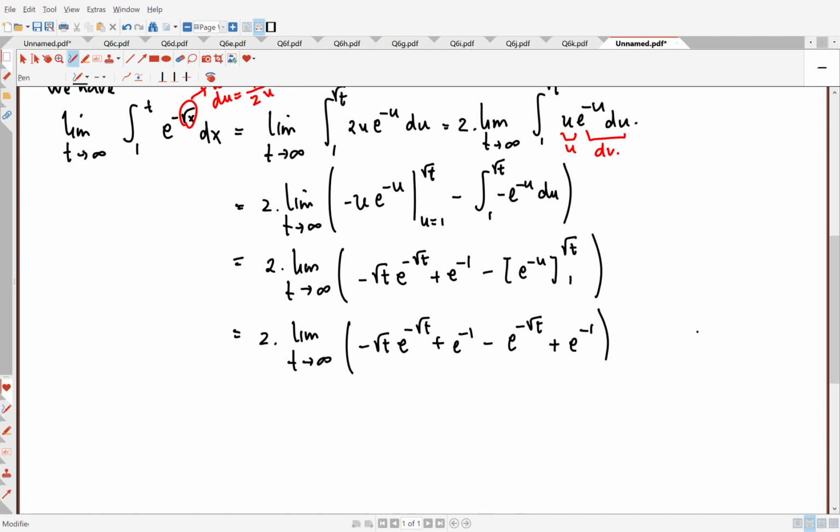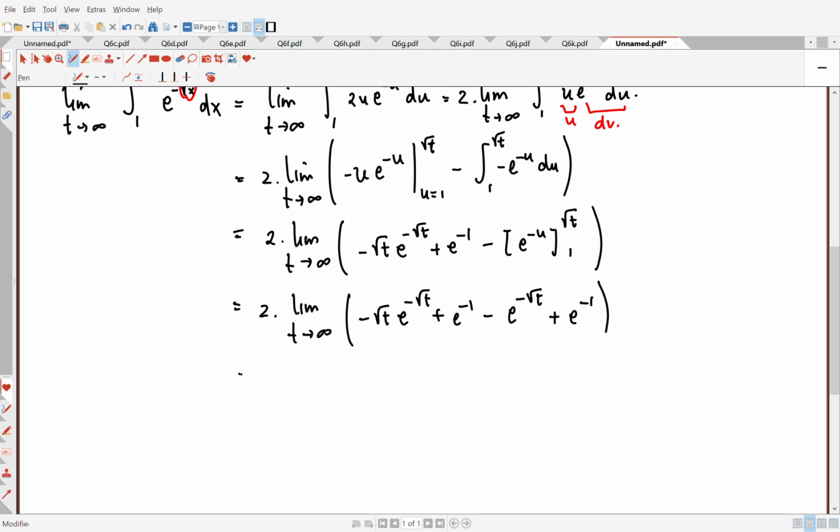Yeah, correct. So we will have 2 times limit t tends to infinity of minus square root t e to the power of minus square root t minus e to the power of minus square root t plus 2 e to the power of minus 1.